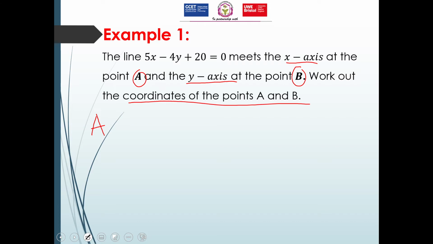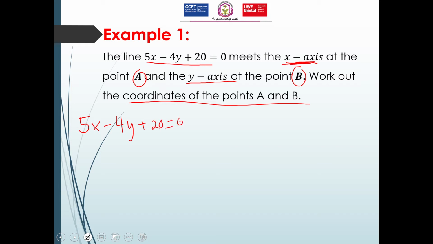Now, to find the coordinates of A, from your equation of the line, 5x minus 4y plus 20 equals 0.